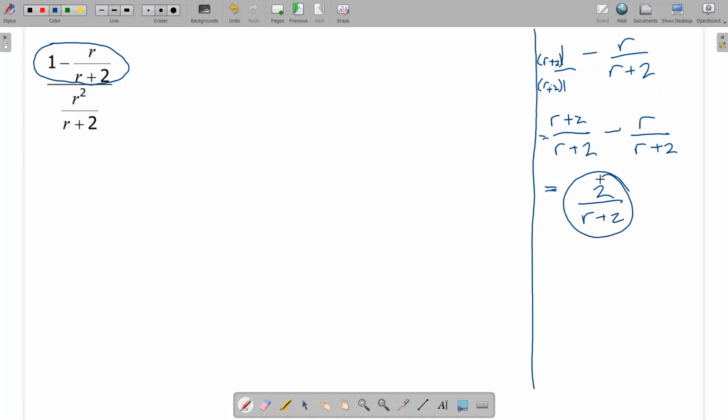So let's substitute that back into the numerator here and rewrite this, making it a little bit easier for us here. So we really have 2 over r plus 2 over r squared over r plus 2. So now let's change it to a division problem.